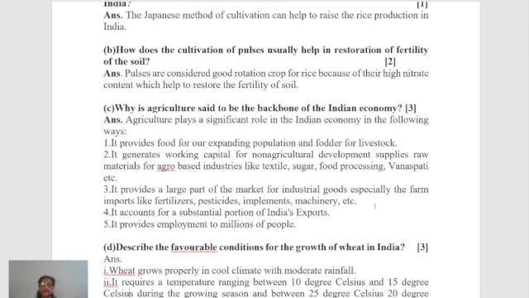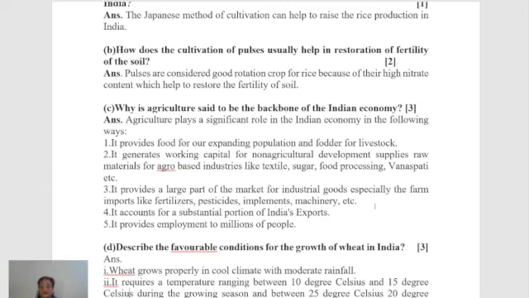Then the next point is it provides a large part of the market for industrial goods, especially farm inputs. Once we have agriculture, naturally we need fertilizers, pesticides, implements and tools, and machinery related to the agricultural field.